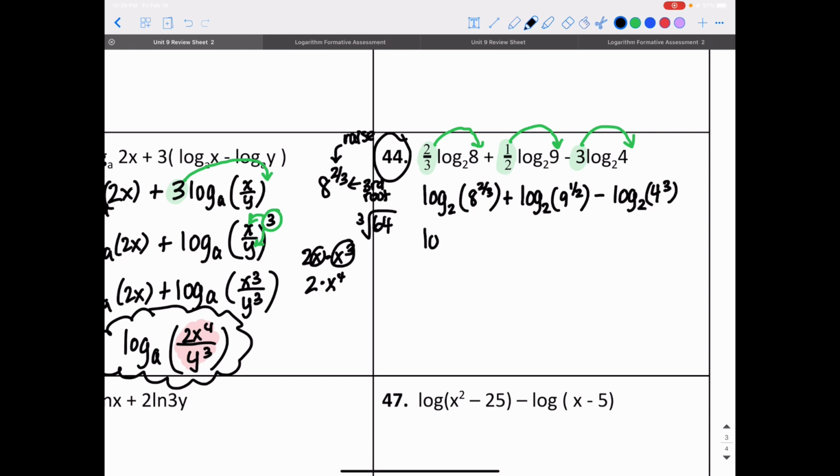So this is actually log base 2 of 4. Plus, I have log base 2 of 9 to the 1/2 power, which is the same as the square root of 9, because I'm doing 9 to the first power and taking the second root, and that's 3. And then for the last one, I have log base 2 of 4 to the third power, which is 64.